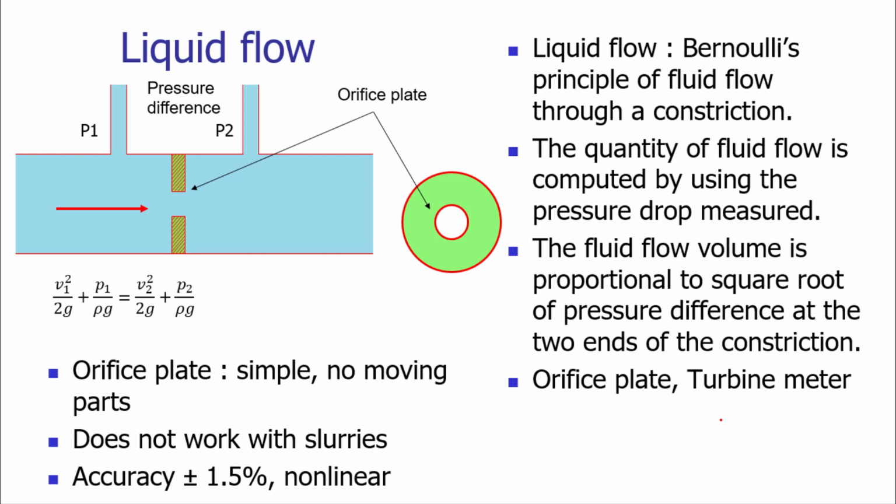So the orifice sensor is working on the principle of Bernoulli's. As per the Bernoulli's principle of fluid flow, we can measure the quantity of fluid flow by computing the pressure drop across the constriction in the fluid flow.